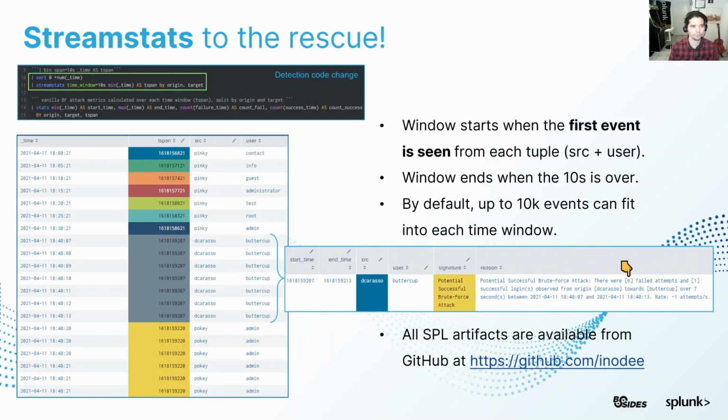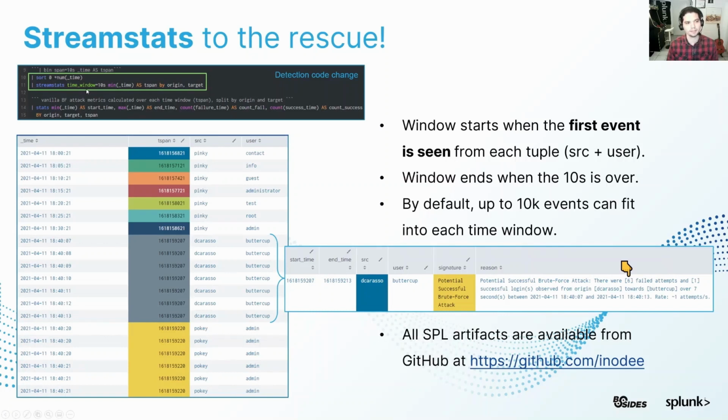We add that sort command. For those that are into performance, this is not a good practice. But if we are running this over 1 hour, over 30 minutes, or even smaller time frames, the impact is very, very low.